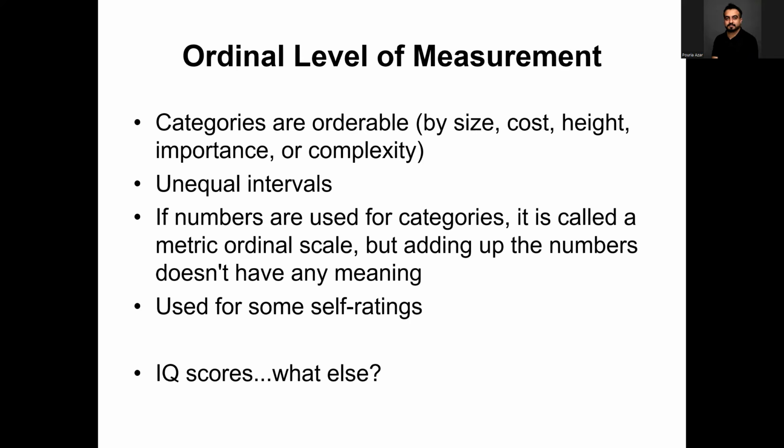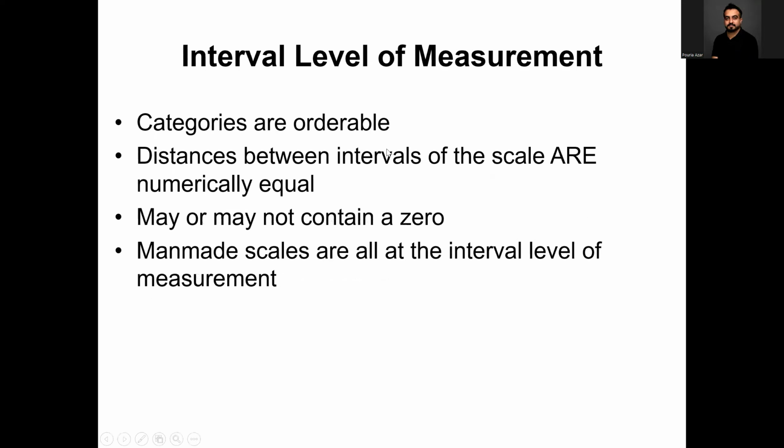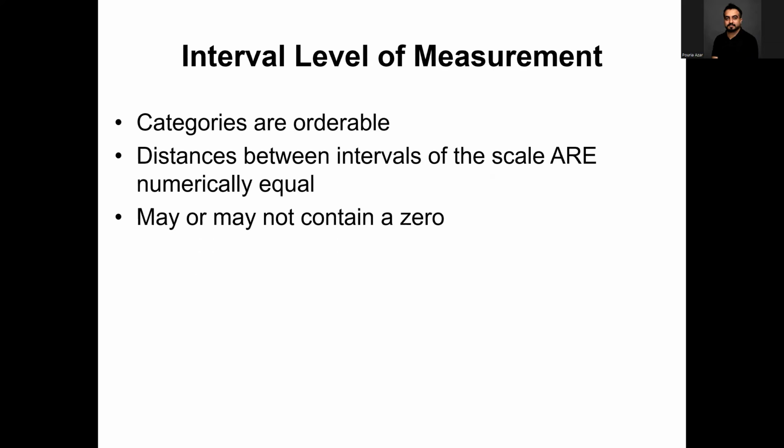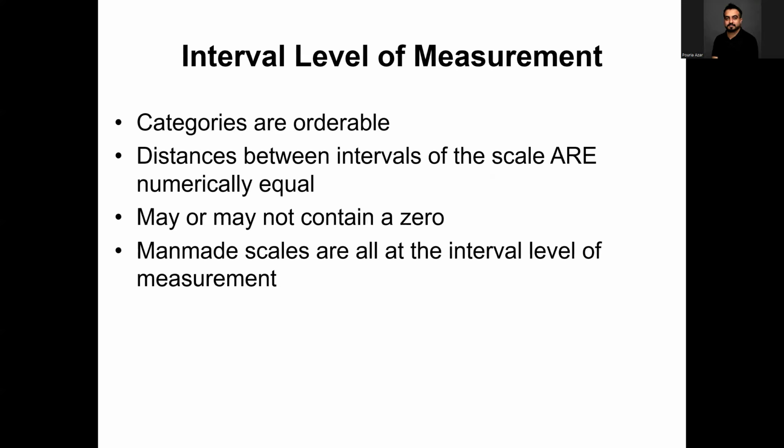It is used for some self ratings. For example, IQ scores. It's an ordinal level of measurement. In interval level, the categories are orderable. The distances between intervals of the scale are numerically equal, may or may not contain a zero.